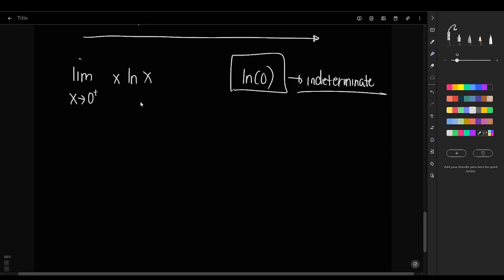And when you apply the differentiation here, maybe use the product rule, you may still end up with an indeterminate form because it leads you to ln x also. You still end up with ln x, and it still leads you to an indeterminate value.